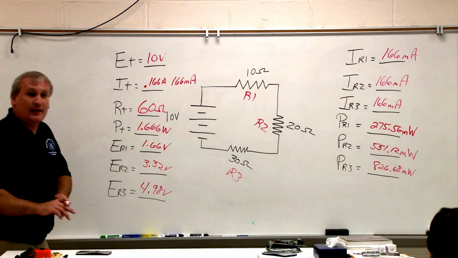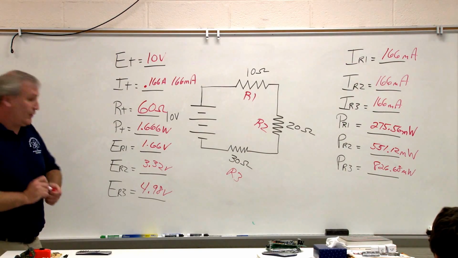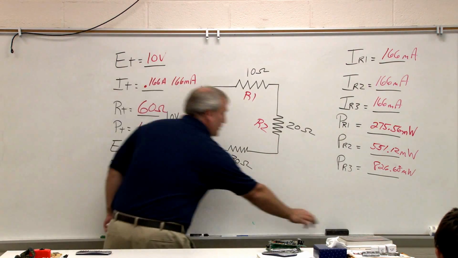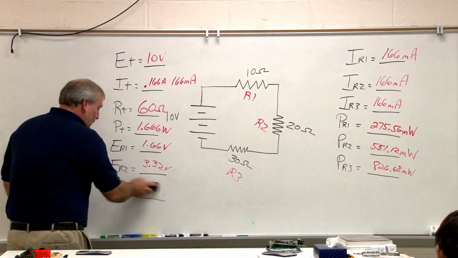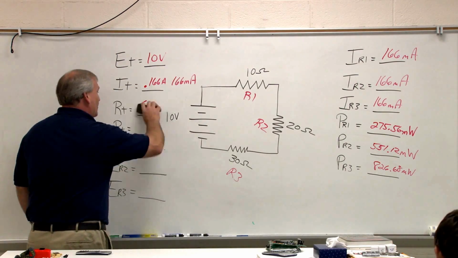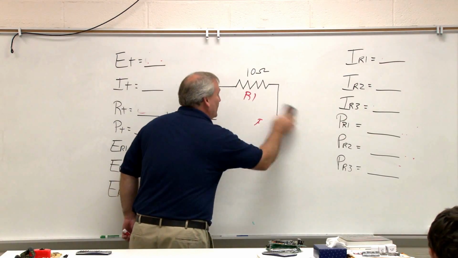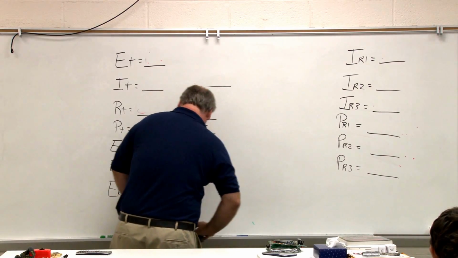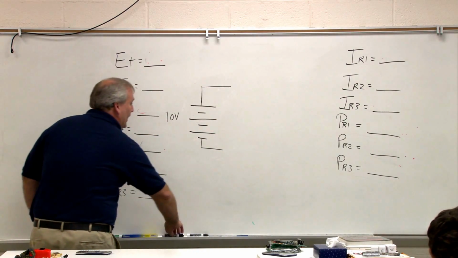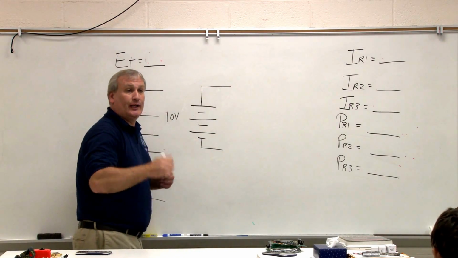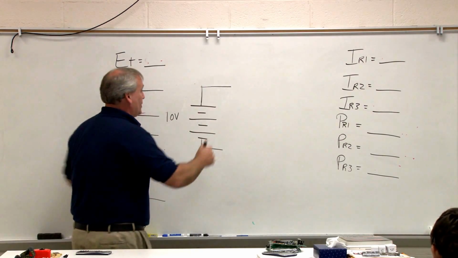Now, I'm going to take my same 3 resistors. Let's erase all these numbers. I'm going to take my same 10, 20, and 30 ohm resistors, and I'm going to wire them in my circuit differently. Same 3 resistors.